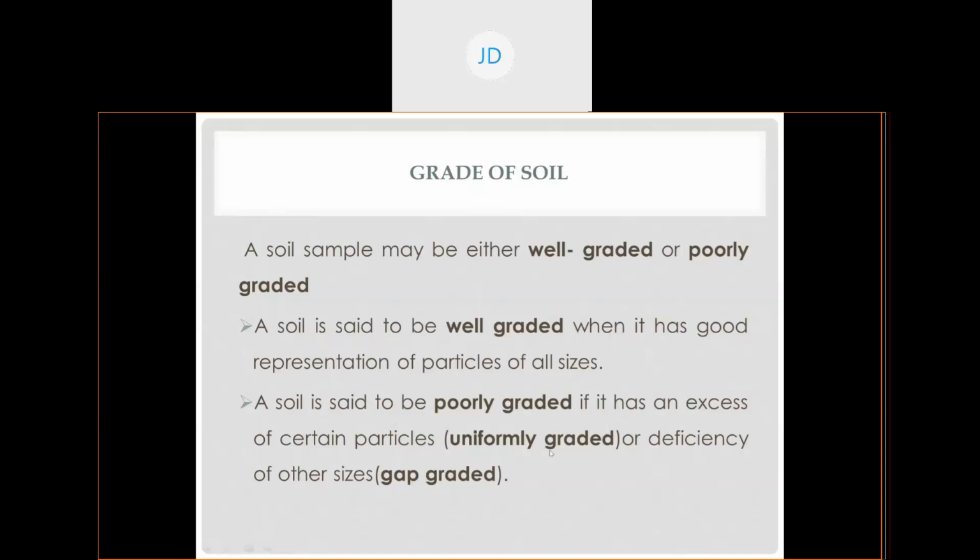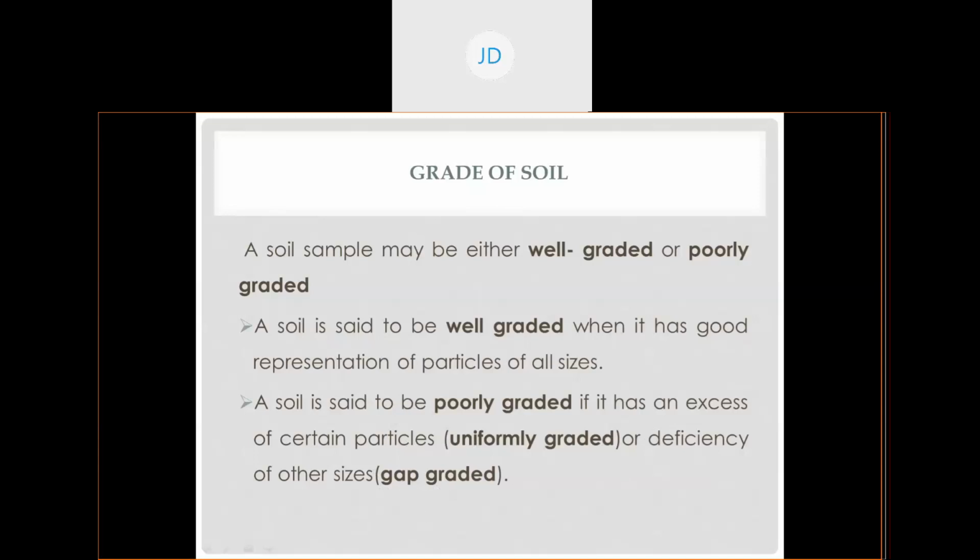Uniformly graded means it has a majority of soil of almost equal sizes, an excess of certain particles. And suppose a particular size is missing from your sample, that means there is a gap between the sizes. That type of soil is known as gap graded or skip graded.